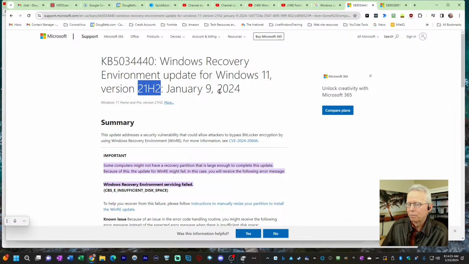These are not always perfectly accurate as far as what versions they say will be affected. Well, let's see, Windows 10 didn't get a 22H2, right? Or 21H2. That's 3 years ago.